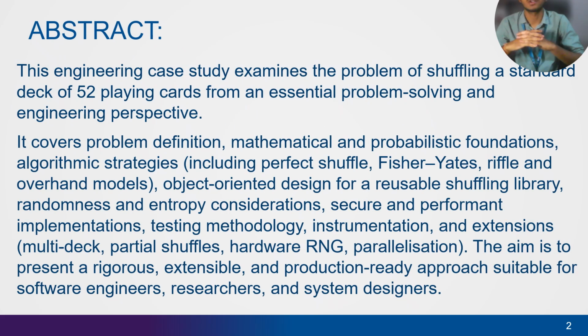This engineering case study examines the problem of shuffling a standard deck of 52 playing cards from an essential problem solving and engineering perspective. It covers problem definition, mathematical and probabilistic foundations, algorithm strategies including perfect shuffle, Fisher-Yates, riffle, and overhand models, object-oriented design for a reusable shuffling library, randomness and entropy considerations, secure and performant implementation, testing methodology, instrumentation and extension.